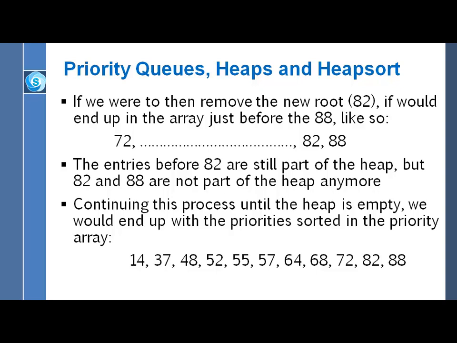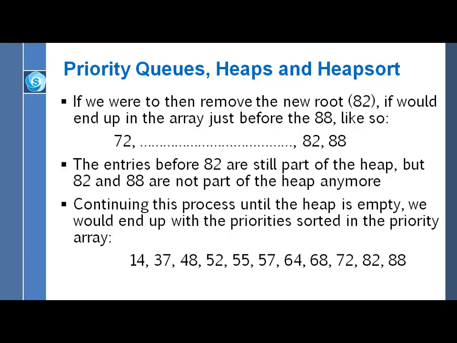They're still inside the array. Heap size will now be 0, so there's nothing in the heap. But all of these numbers, all of these original priorities, are still in the array, and you might notice something interesting about them, right? They're in order. They've been sorted.